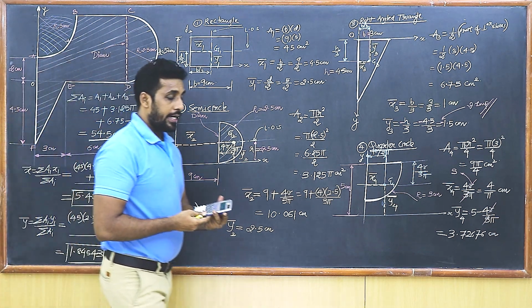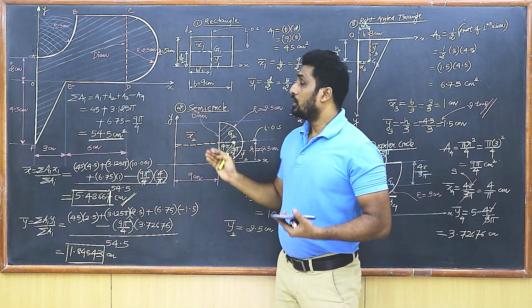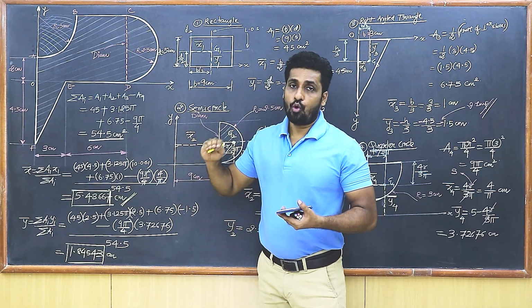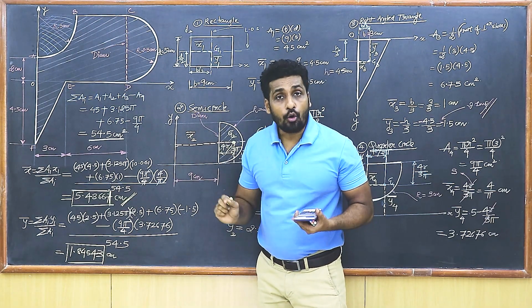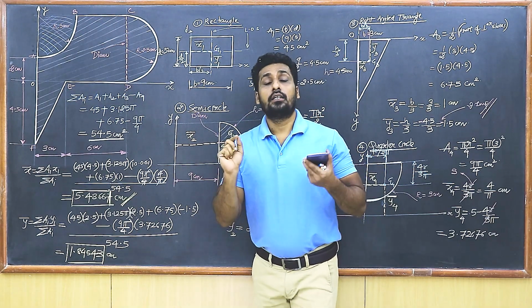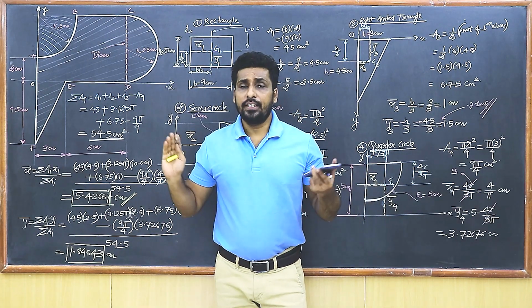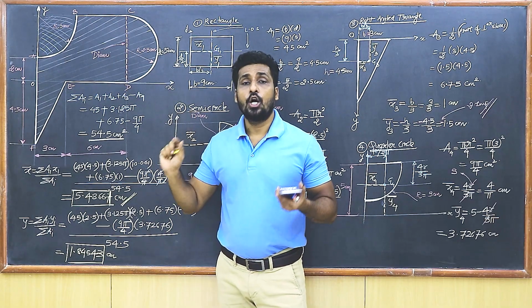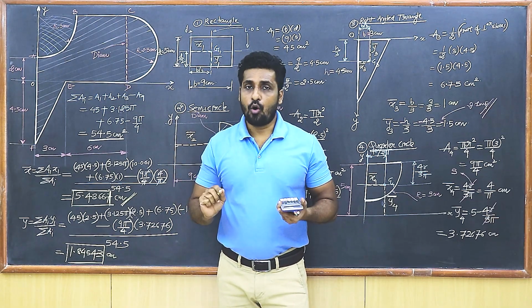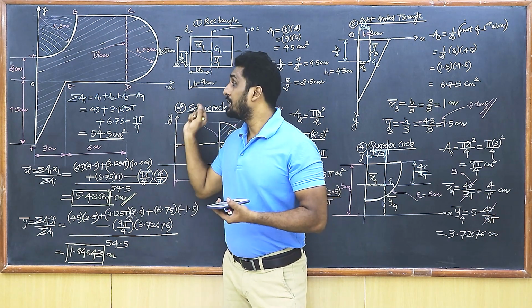So students, again in this particular question, what things have we seen? Again, there were some standard shapes involved. Some part was in the first quadrant, some part has gone into the fourth quadrant, and accordingly, I have located the centroid of the entire composite shape, isn't it? So I guess now these many questions, which were based on the direct application of the formula, are more than enough to understand the concept of centroid.